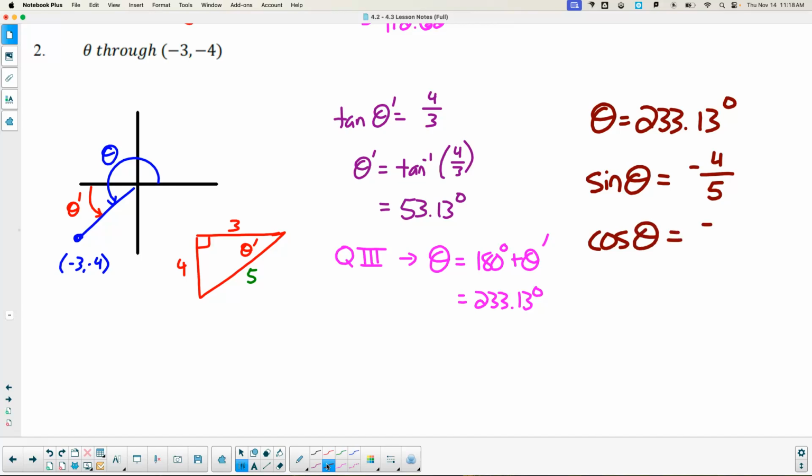Cosine is going to be negative 3/5. Tangent is going to be 4/3. Questions, comments, concerns, clarifications?